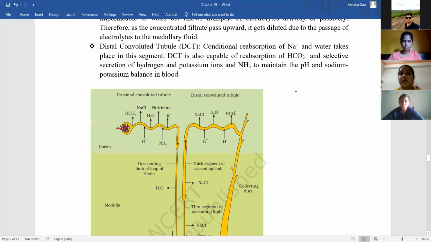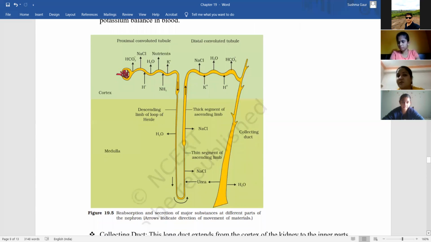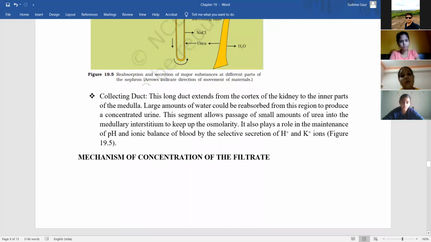So this distal convoluted tubule is responsible for reabsorption of sodium and water. Second thing is that it reabsorbs bicarbonate ions also, and this secretes hydrogen, potassium and ammonia so that the pH as well as the sodium potassium balance of the blood can be maintained. So these are the functions of different parts of the nephron. There is nothing to understand in this, you have to learn it.